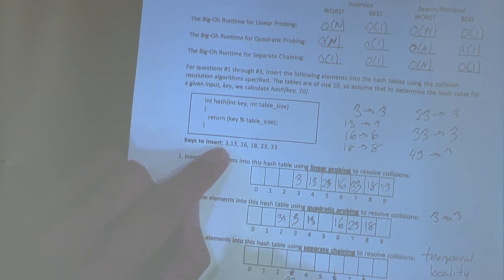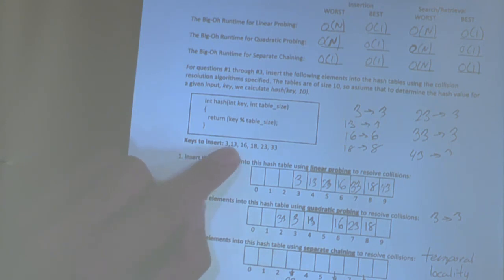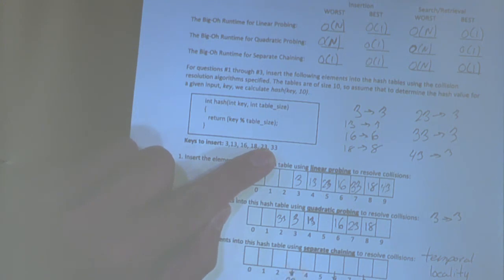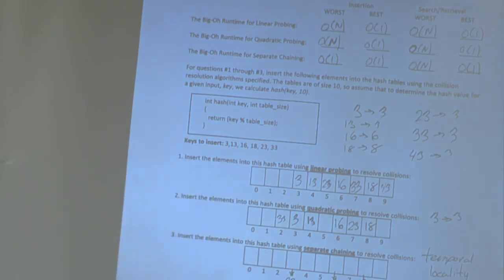Then 3 is going to follow 13. Okay? So if we inserted it normally, starting at 3, we see that 3 is going to be the first element inserted, and 13 is going to be the next after 3, which is the head of the linked list. Then at 23, it's going to be here. 33 is here. So by inserting it backwards, we can safely insert into the hash table using separate chaining.